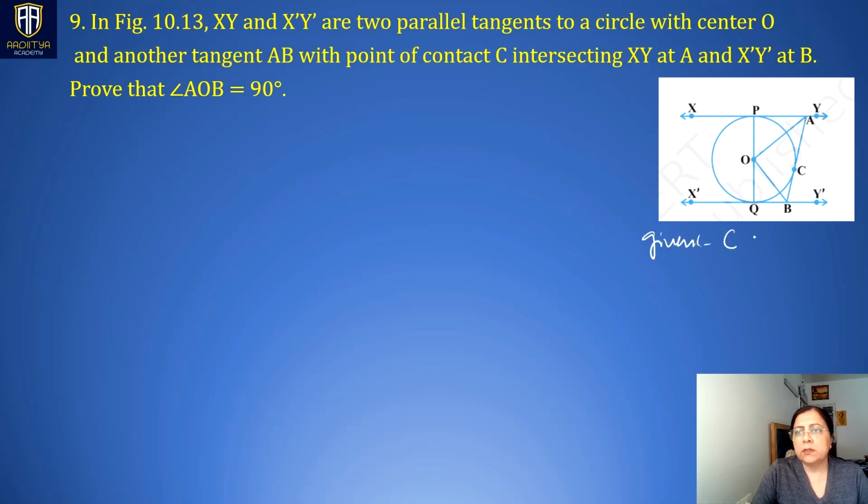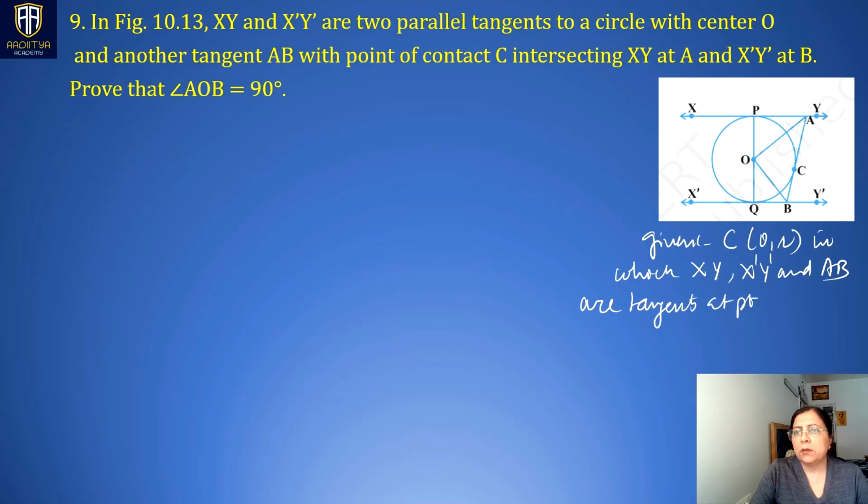Given is a circle with center O and radius R in which XY, X'Y' and finally AB are tangents at points P on XY, Q on X'Y', and C on AB respectively.